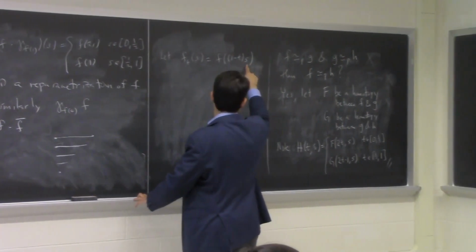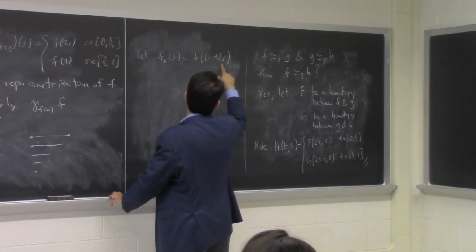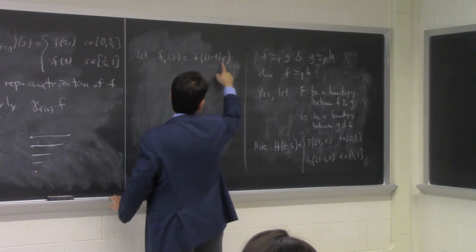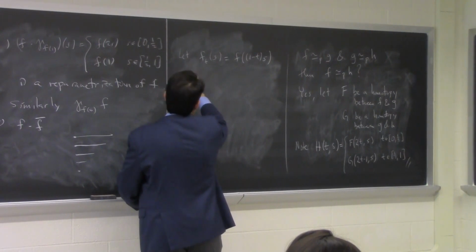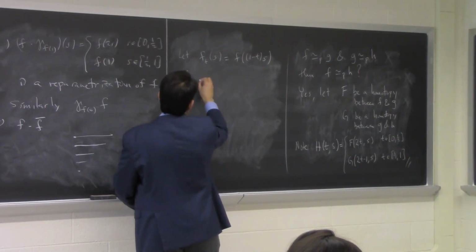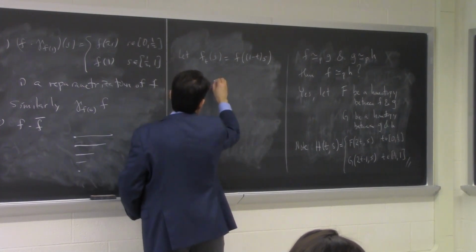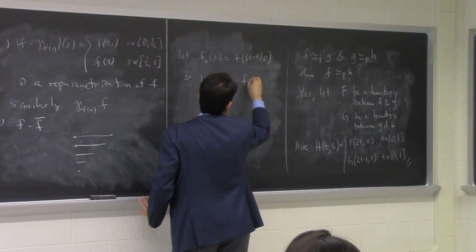When t is 0, that's just f, and when t is 1, that's just f of 0. And in between, you're just going from 0 to 1 minus t. And let's say h sub t is equal to f sub t dot f sub t bar.